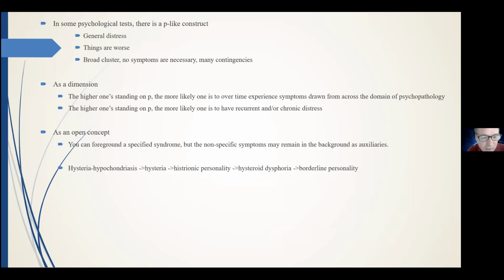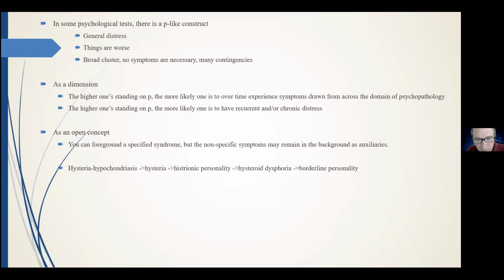So if we start out in the 17th century with hysteria and hypochondriasis, what Freud does is he pulls part of that out, switches what's in the foreground and what's in the background, and renames it hysteria. In the 1950s, the ego psychologists, a psychoanalytic theory, foregrounded the personality traits and called it histrionic personality disorder.